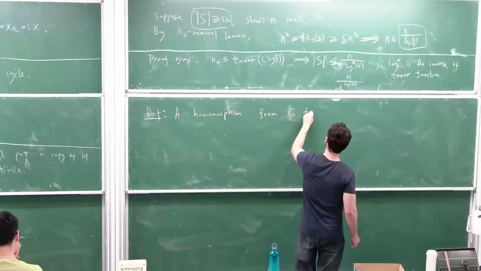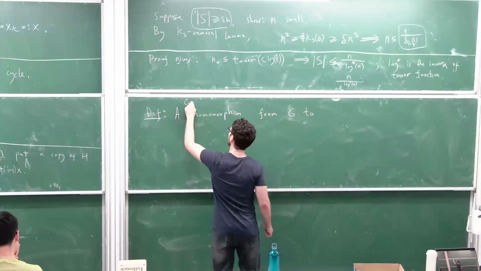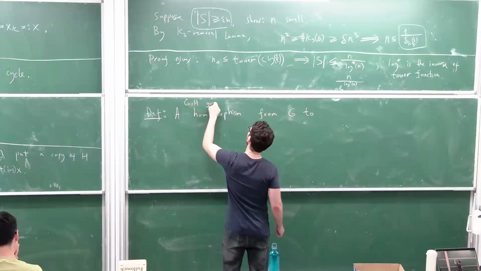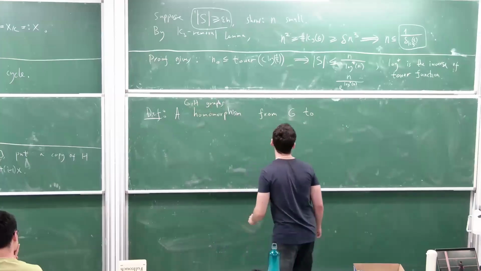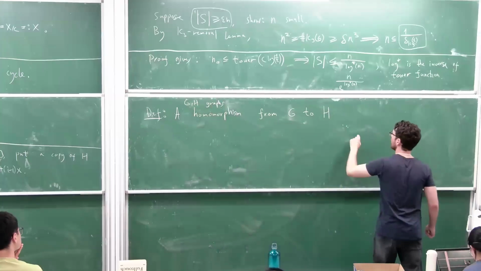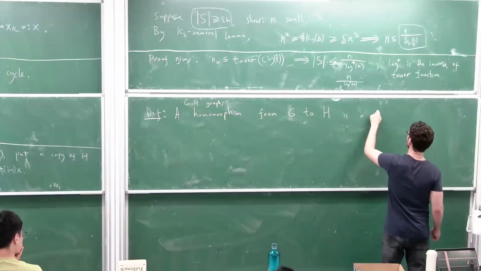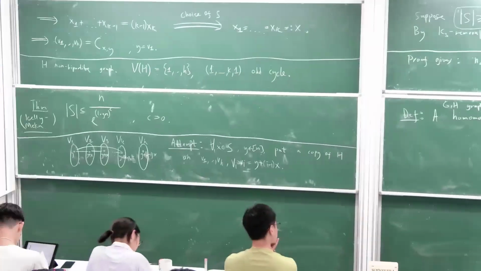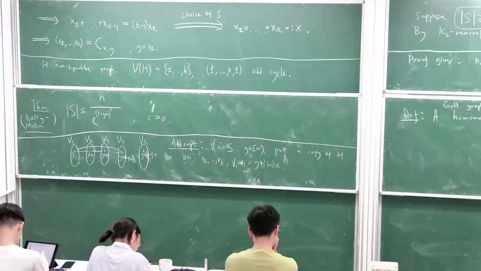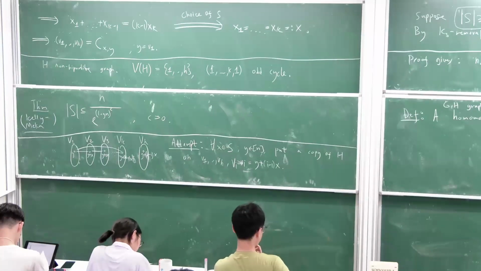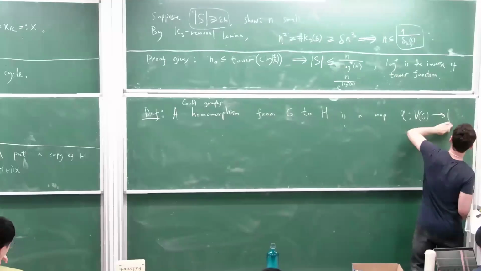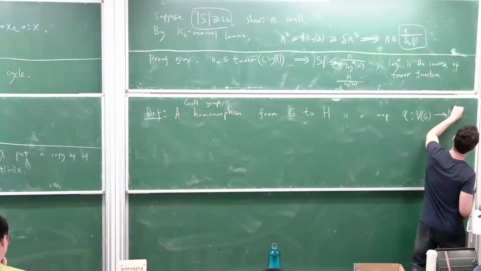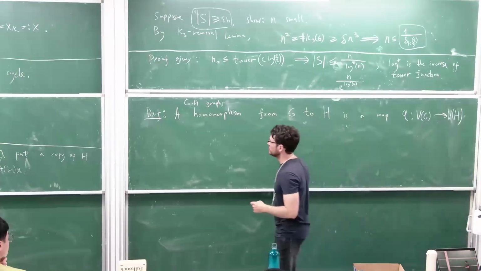A homomorphism from G to H, where G and H are graphs, is a map phi from the vertices of G to the vertices of H, and this map preserves edges.